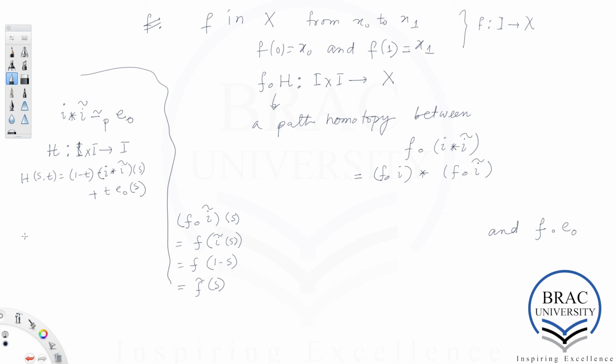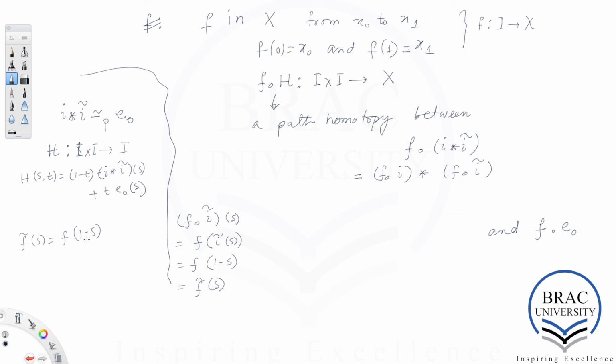So how did we define f twiddle of S? Remember, we defined it as f of 1 minus S. Let me go back and see. It is given in the statement of the theorem. The reverse of f is given by f of 1 minus S.